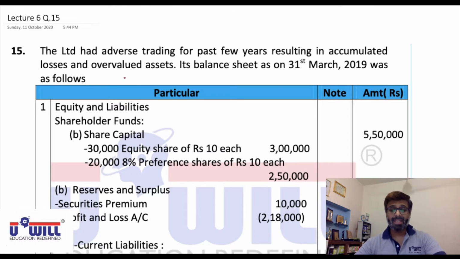Okay, I'll read the balance sheet and final question, we'll pause the video, you'll make the formats and then we'll solve the questions while reading the question itself. Have a look at it. The limited, name of company is not given, had adverse trading for past few years resulting in accumulated losses and overvalued assets. Its balance sheet as on 31st March 2019 was as follows.